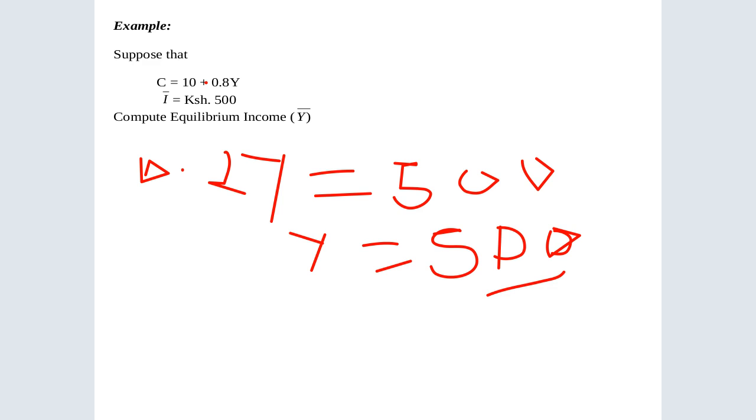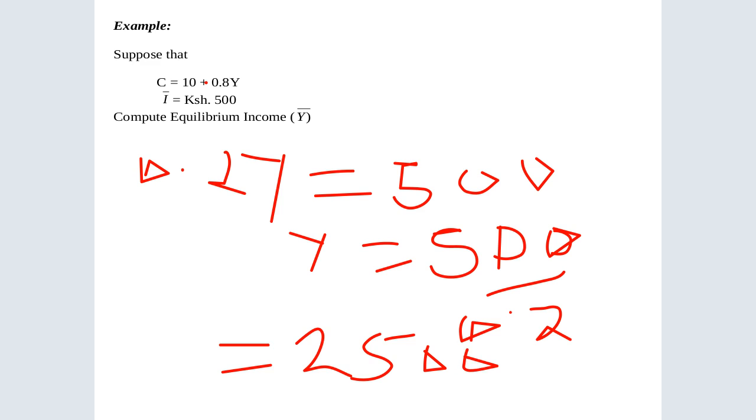So you divide by 0.2. So that should be equal to 2,500.